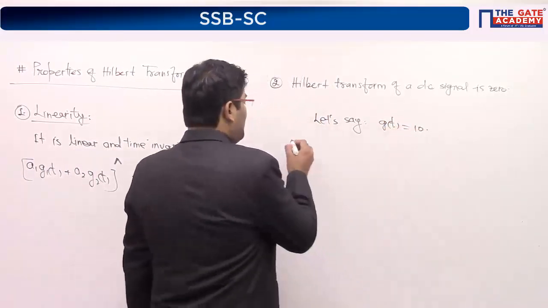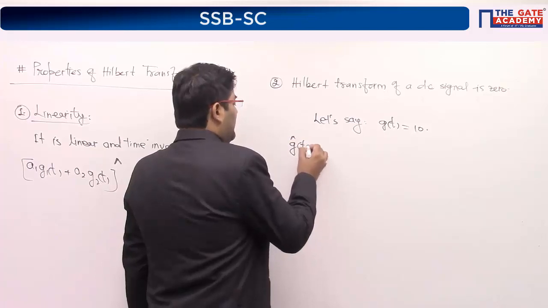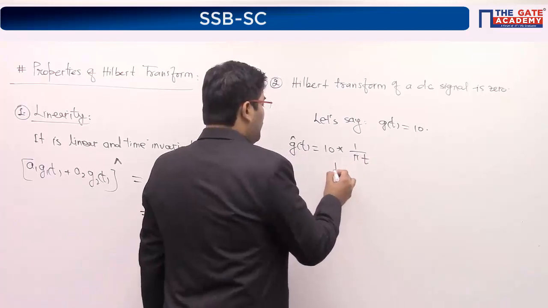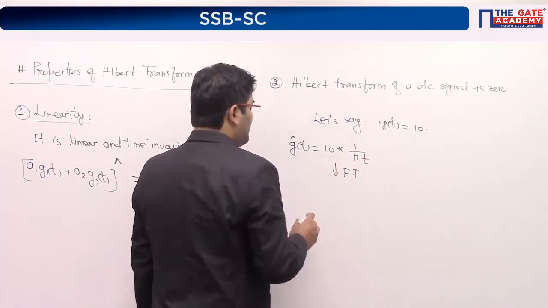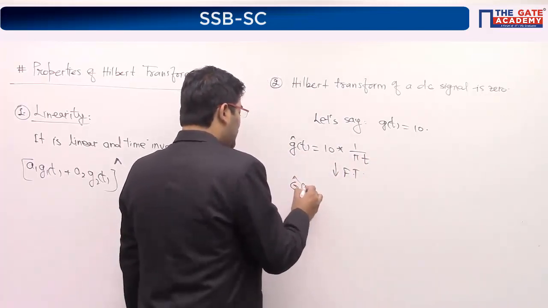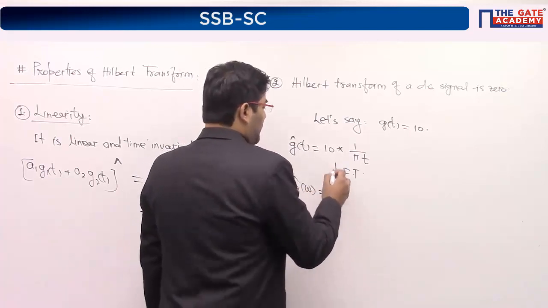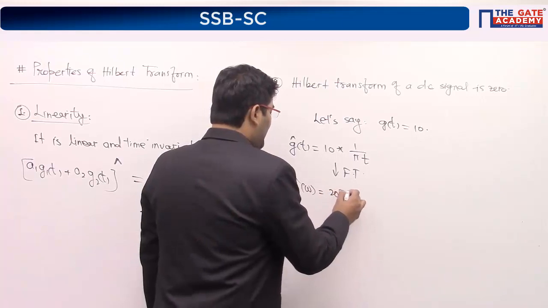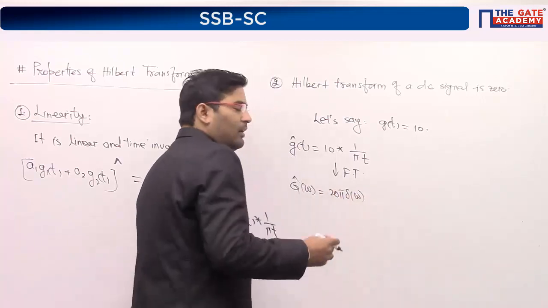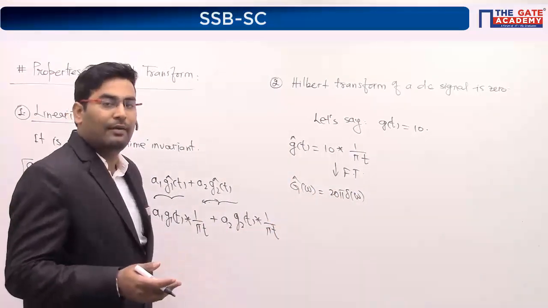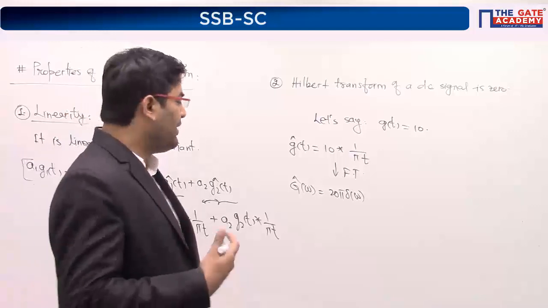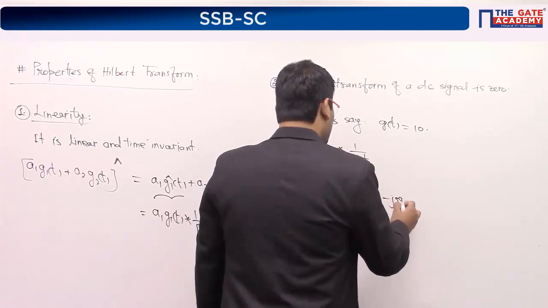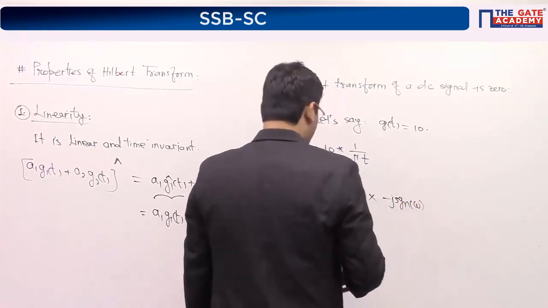So what is the Hilbert transform? g hat(t) is 10 convolution 1 upon pi t. So go and see in the Fourier transform domain. So it is G hat(omega) equal to what? What is the Fourier transform of 10? I just taught you, 20 pi del omega, because the Fourier transform of 1 is 2 pi del omega. So the Fourier transform of 10 is 20 pi del omega into minus j signum omega.